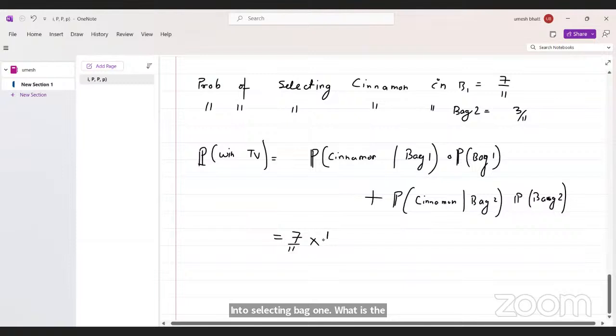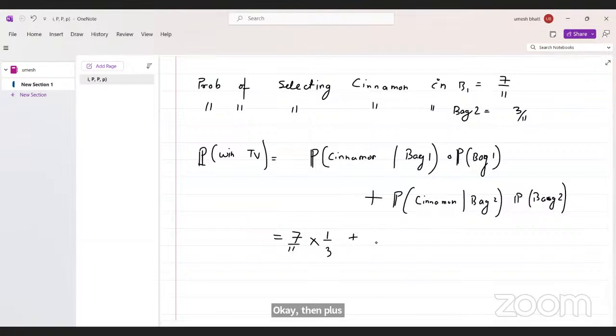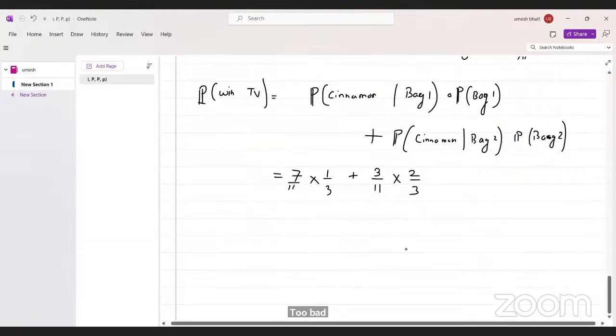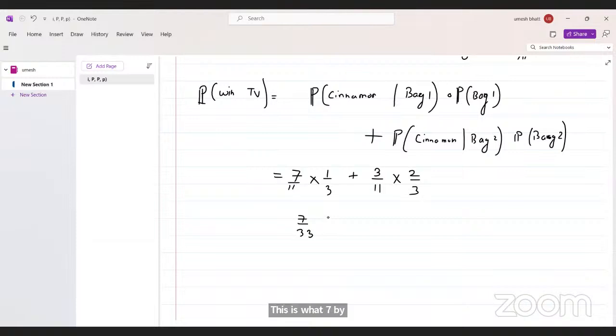Then plus, selecting cinnamon candy from bag 2 is 3/11, times selecting bag 2, which is 2/3. So what is the answer? This is 7/33 plus 6/33, which is 13/33.